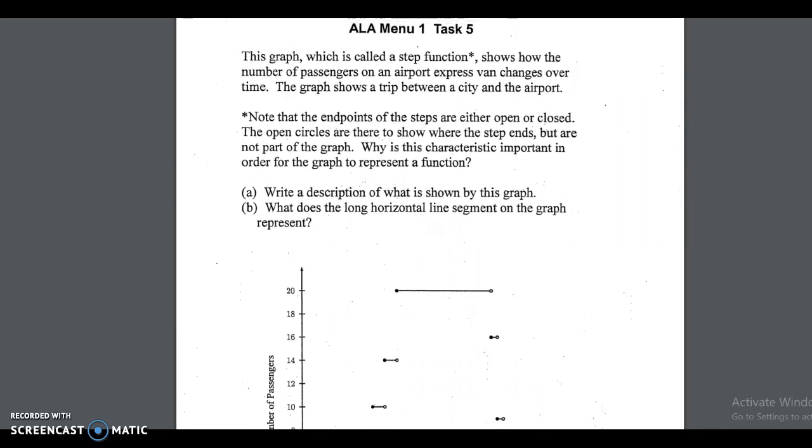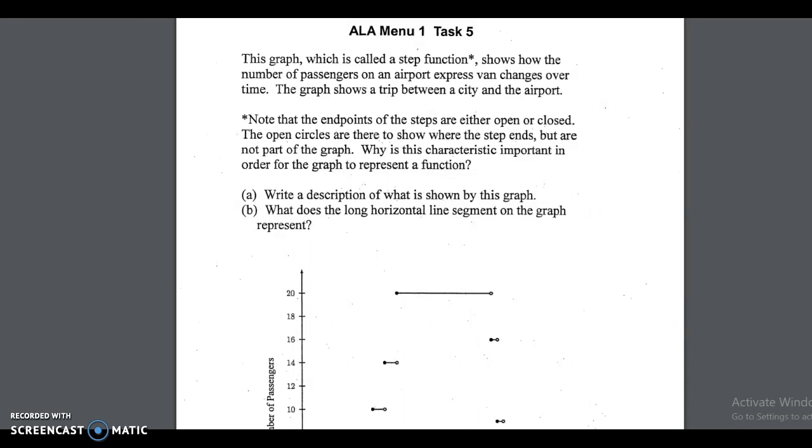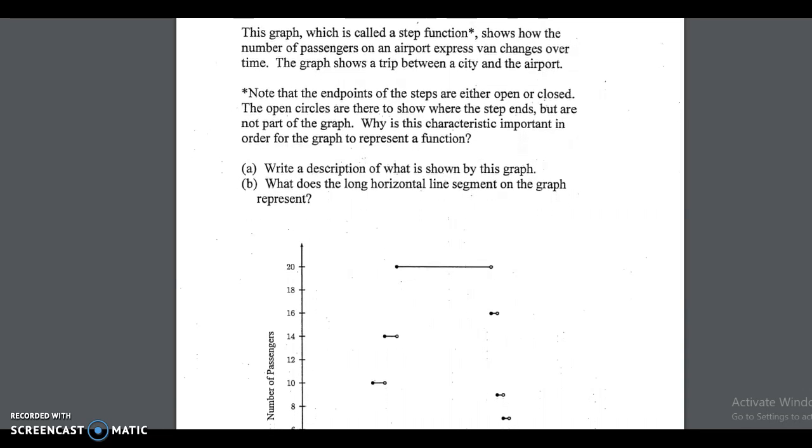Okay, so before I go into it, I do want to tell you a part of the directions I did not understand. First off, it says this graph, which is called a step function, shows how the number of passengers on an Airport Express van changes over time.